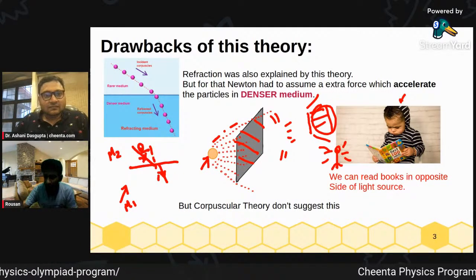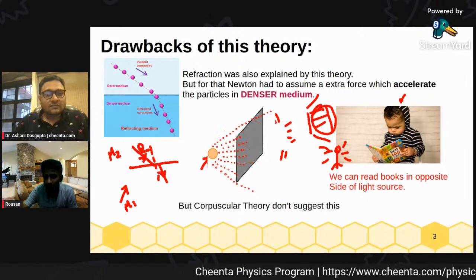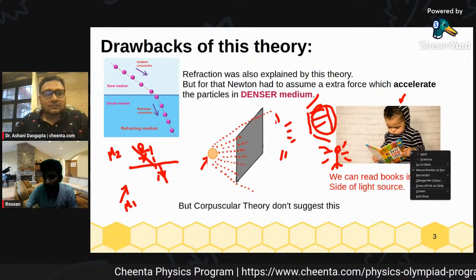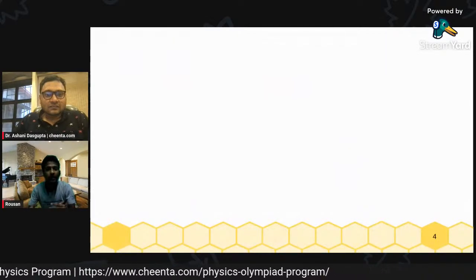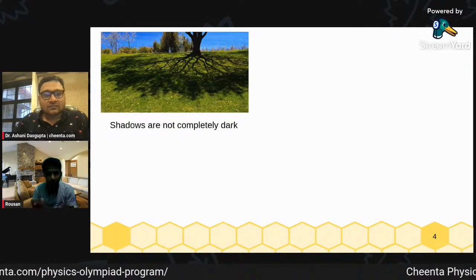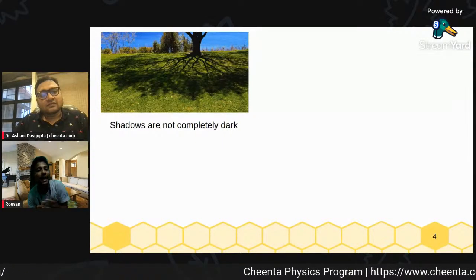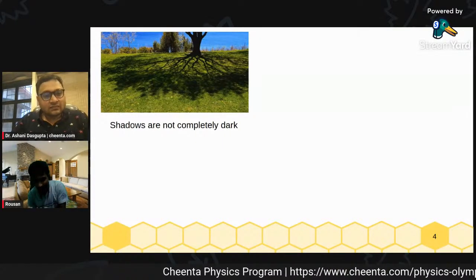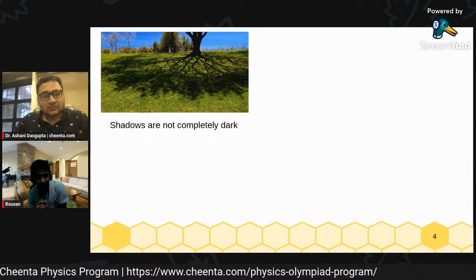Right. So we can try to understand this in much more detail. In this next slide, we can clearly see this. Normally, what we see is that shadows are not completely dark. You can actually see things in the shadows. You can see a few details in the shadows.